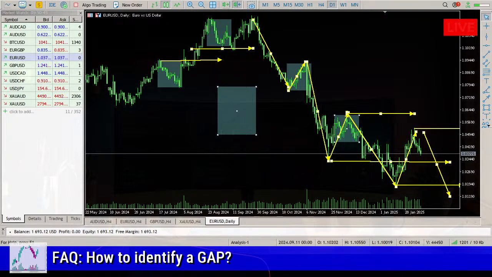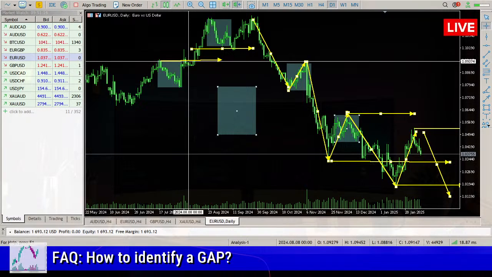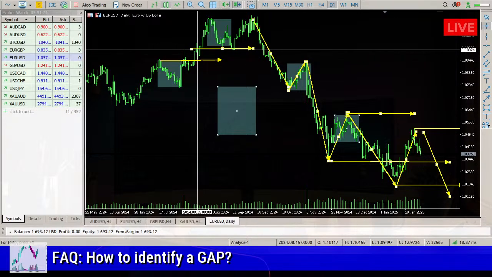to the new support. The new support is not always exactly above the previous range. The last resistance will not always overlap with the new support.